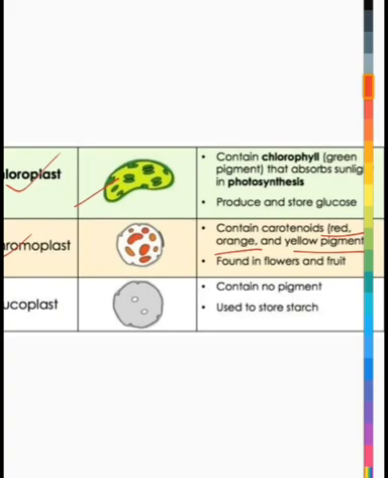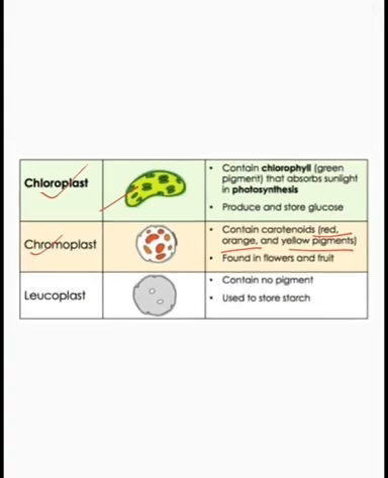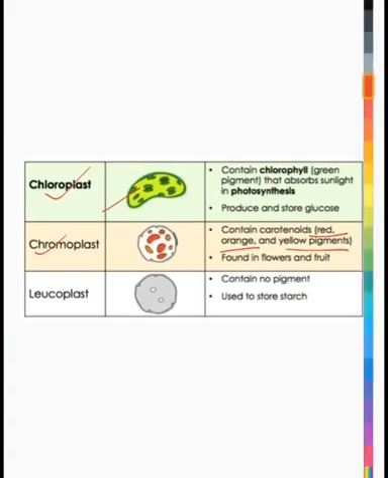The principal function of chromoplast is to give color to the flower and other parts of the plants and also to fruits. Insects get attracted by the colorful flowers, and thus pollination takes place. So it also plays an indirect role in pollination, and thus also in dispersal of fruit and seed.